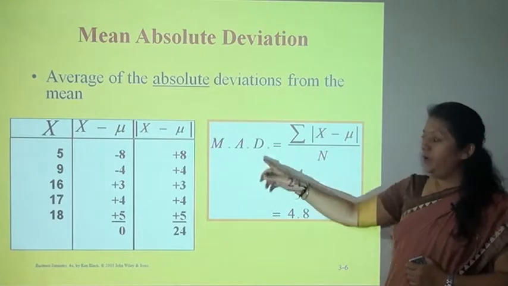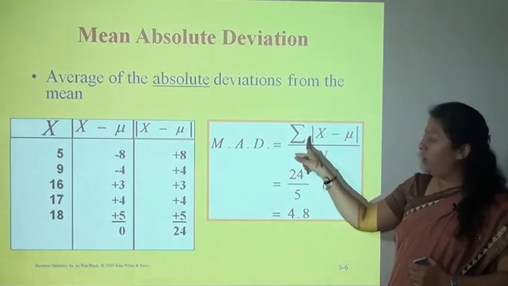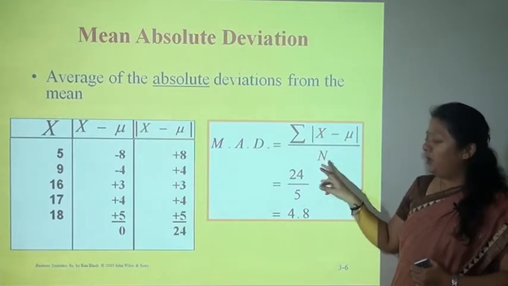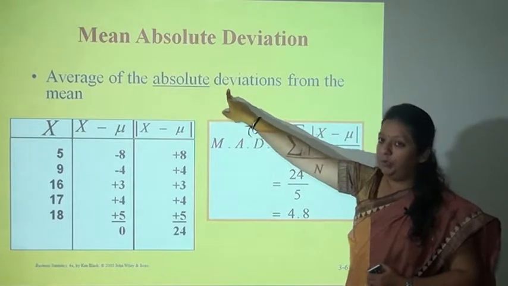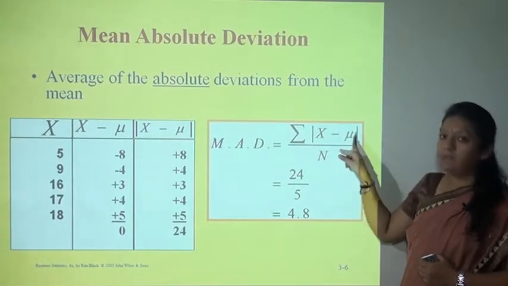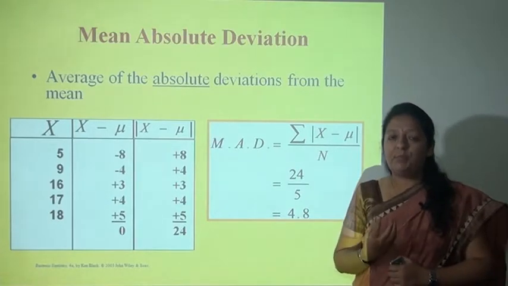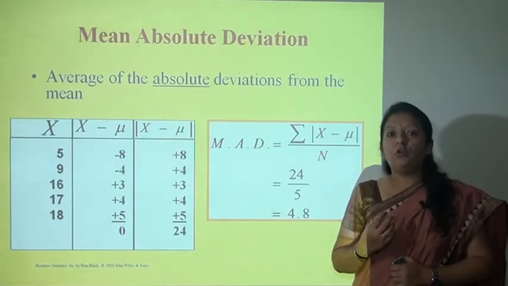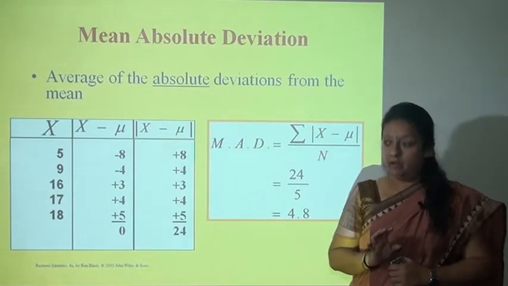It is calculated using the formula sigma of modulus x minus mu divided by capital N. Because it is an absolute deviation, we take the modulus, so the absolute values are not affected by the plus and minus signs in the data set.